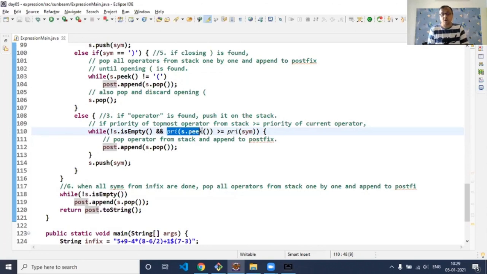If the priority of the topmost element is greater than or equal to the priority of the current element, then I want to pop it and I want to append it.